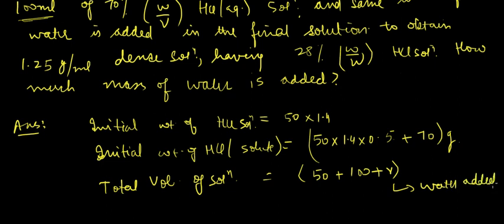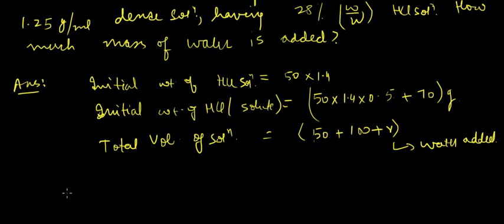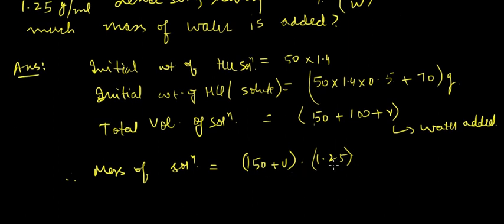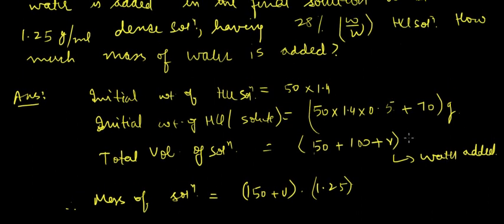Now for the final solution, the final mass of solution would be (150 plus V) multiplied by 1.25 gram per ml, because this is the density and this is the volume. Mass would be this. So how much mass of water is added? Finally we have also been given that it is 28% W/W.